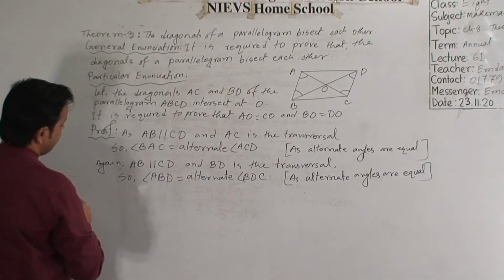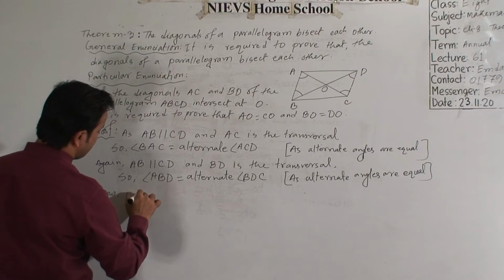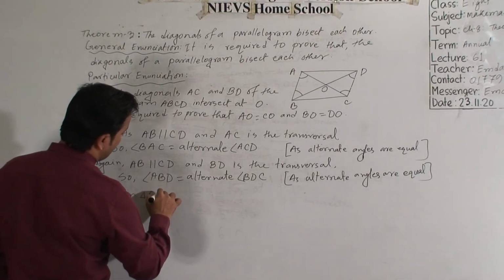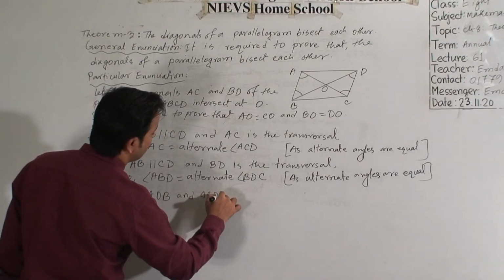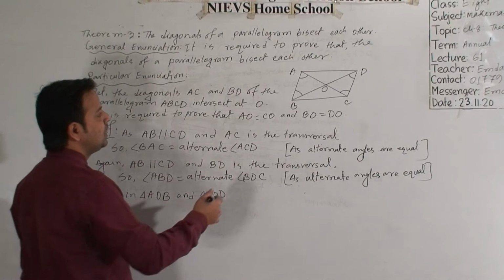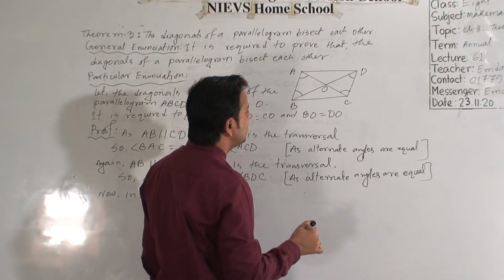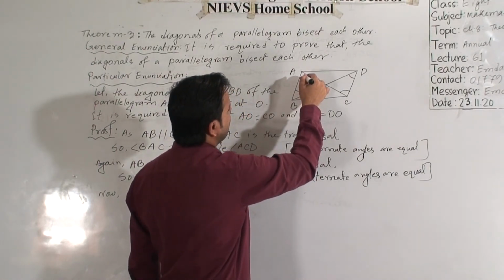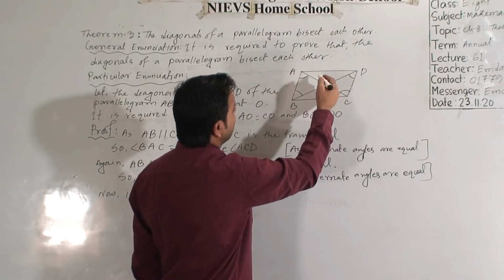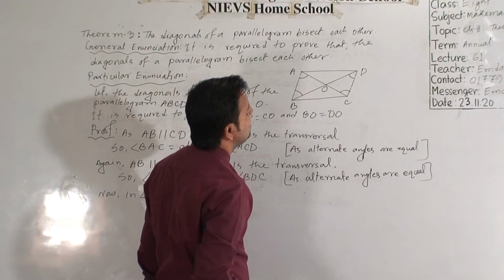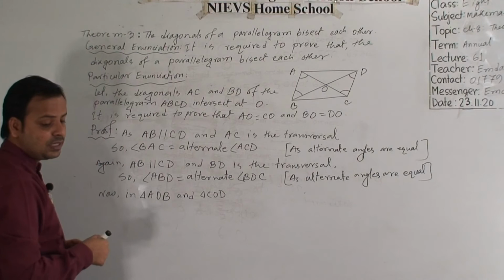So we can write here, now in triangle AOB and triangle COD, we know angle BAC and angle ACD. These two angles are equal.